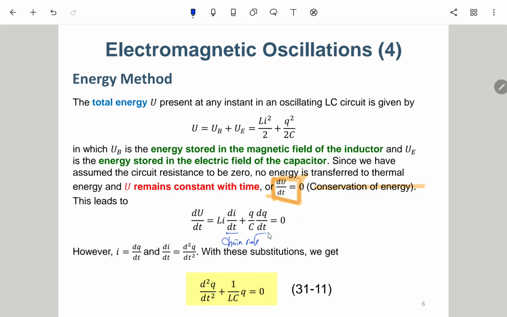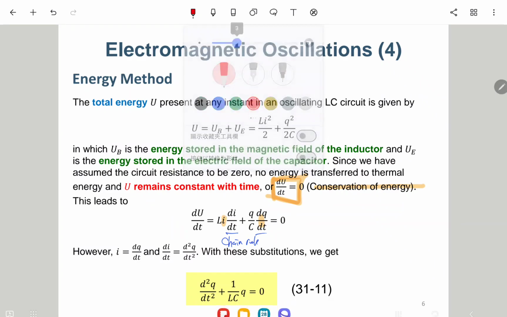In such a way, we need to do some substitution. Of course we have i equals dq/dt, which means that this i and dq/dt are the same, and we assume that it is not always equal to 0, so we can actually cancel this term.